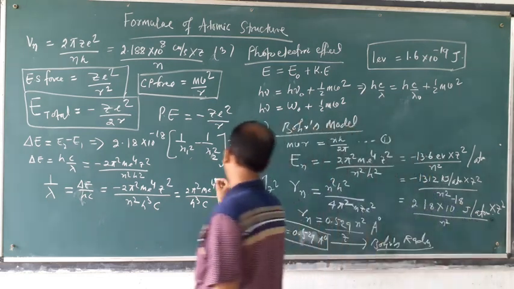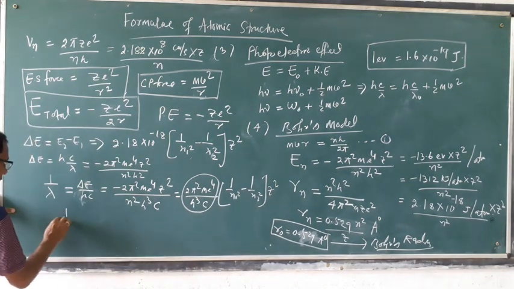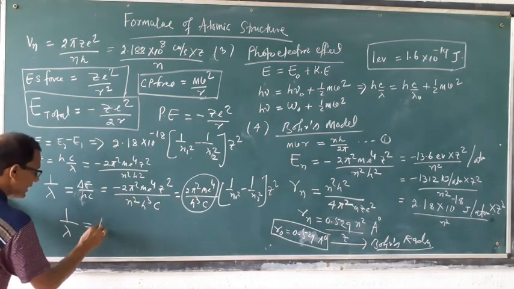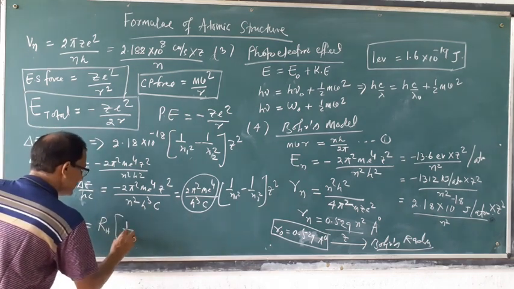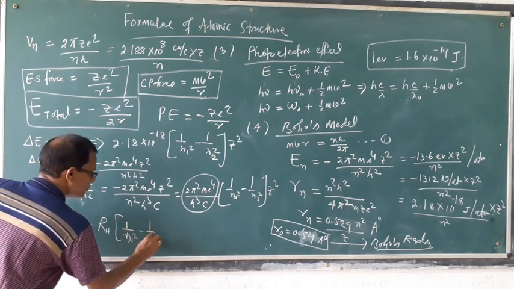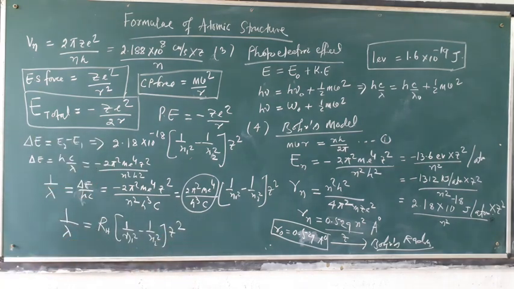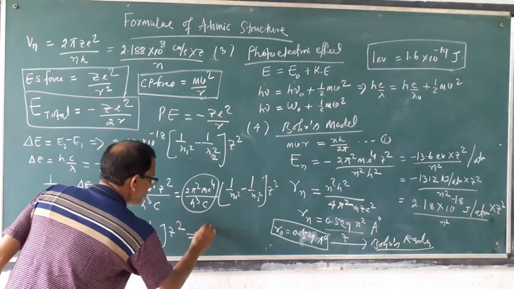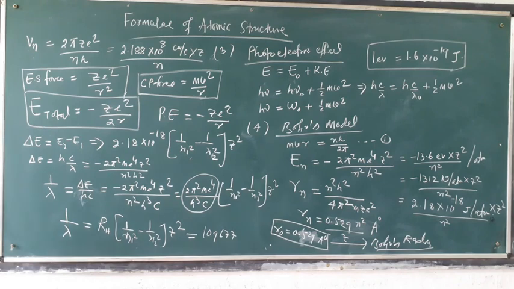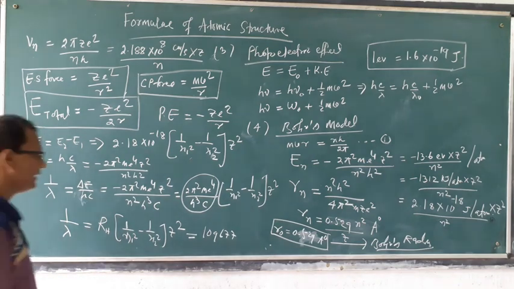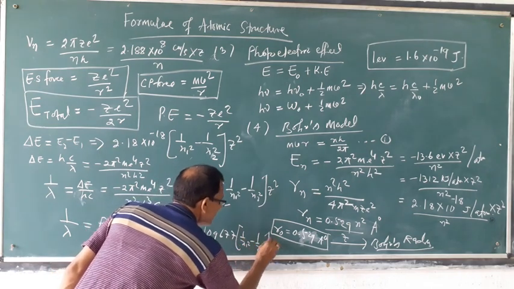This value is called the Rydberg constant. Now 1 by lambda is equal to RH, the Rydberg constant, into 1 by n1 square minus 1 by n2 square into Z square. RH value is equal to 109677 centimeter inverse.